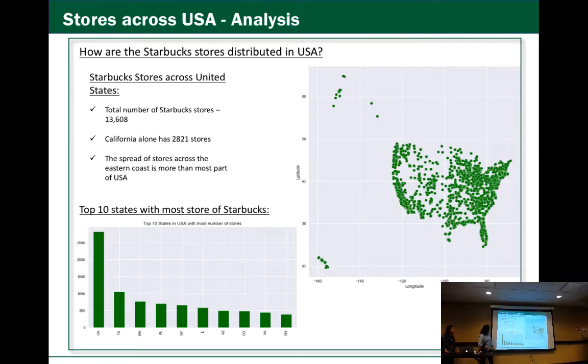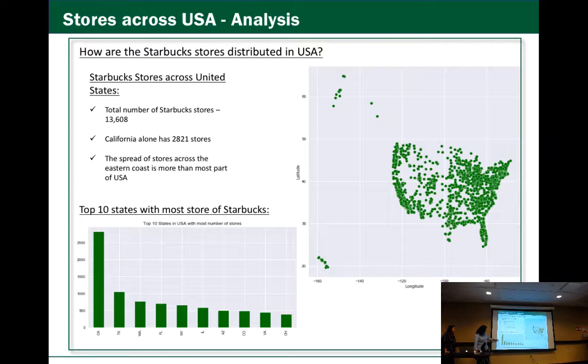We see that the total number of Starbucks stores which we got is more than 13,000, and California alone has the maximum number of stores, more than 2,800. The spread of stores across the USA is denser towards the eastern coast, and this is the analysis of the top 10 states which have Starbucks stores.